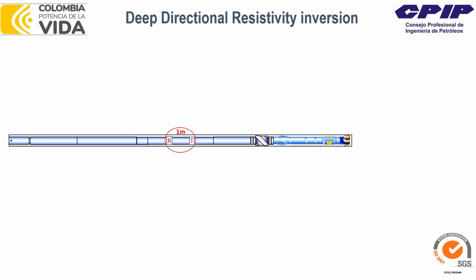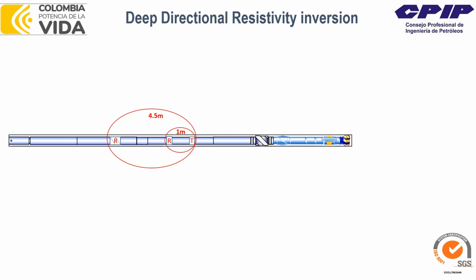But later on, it was proven that the tool can see even deeper, and that's why the number 15 was deleted from the name. So what was different in that tool? First of all, they increased the depth of investigation to almost 4.5 meters. With bigger spacing between the receiver here and the transmitter, you get a bigger depth of investigation.